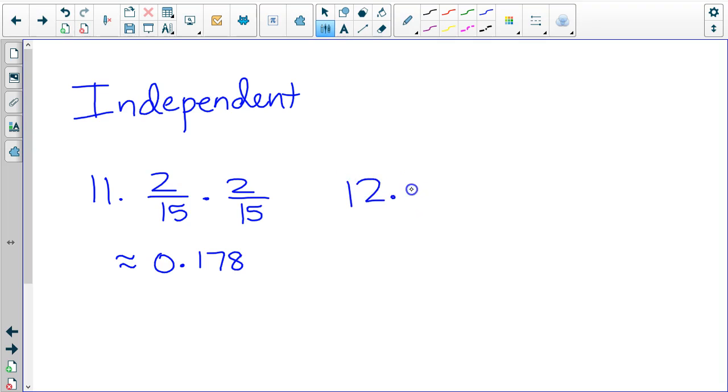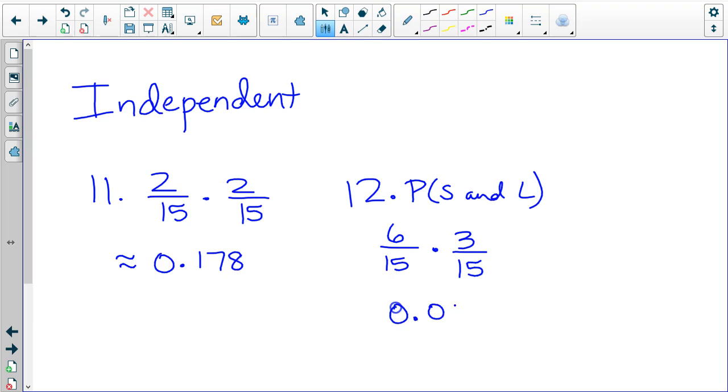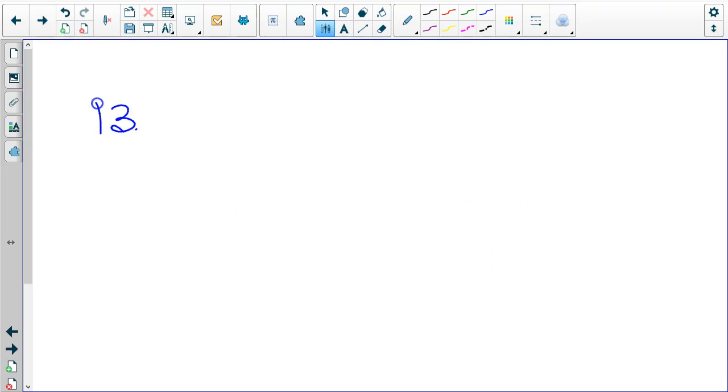The probability of S and L. 6 out of 15 times 3 out of 15. Good. And you get, nice, 0.08.